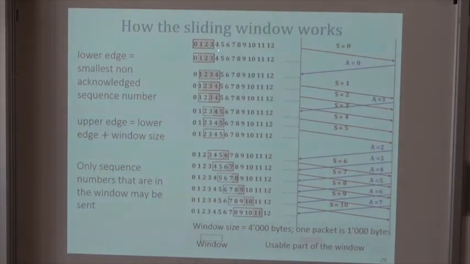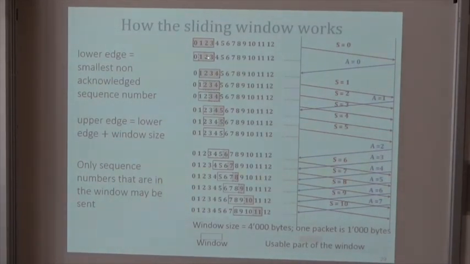So here let's see what happens. When I've sent s equals 0, I'm showing the window with the solid frame, and the shaded area is the part of the window that contains packets that I may send now. Here I'm assuming there's no loss, so every packet will be sent. I've sent 0, but the window doesn't move because I have not received an acknowledgement.